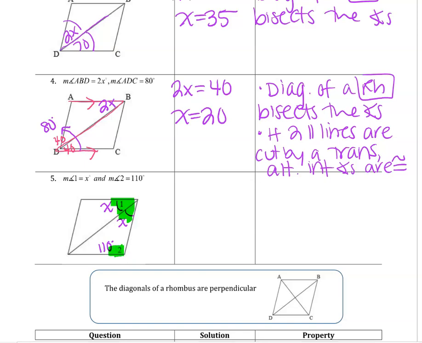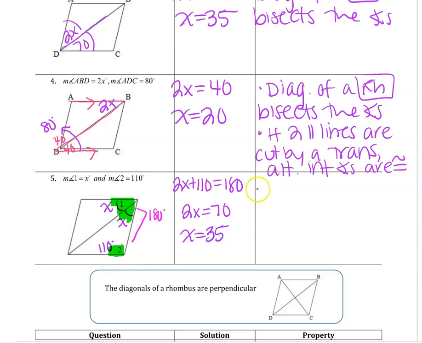Those are consecutive angles in a rhombus or a parallelogram, which means that these must be supplementary. So putting it all together, I can say 2x plus 110 equals 180, which means 2x equals 70, which means x is equal to 35.